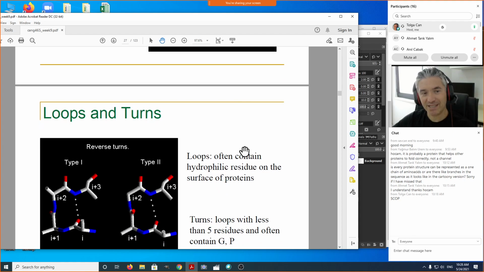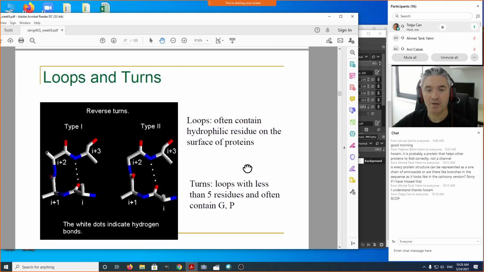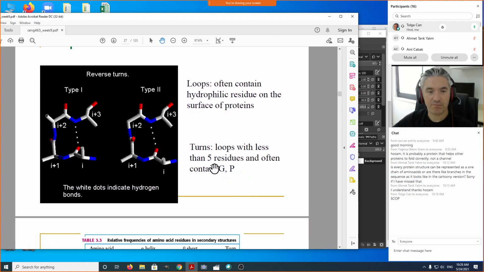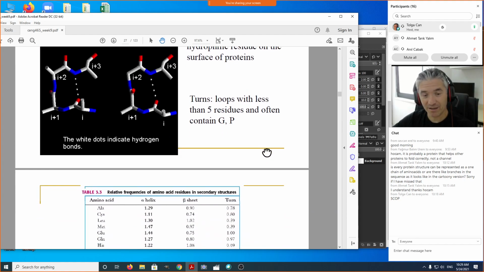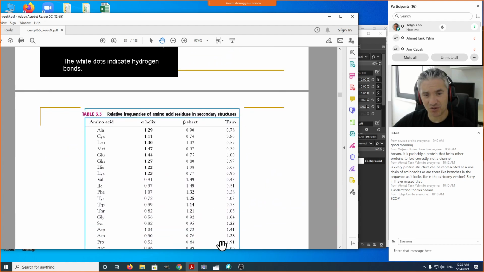The other connecting parts between alpha helices and beta strands are called loops, turns. Sometimes they're loops, turns, sometimes coils, but everything is classified into the other things. So we don't have a different loop. We just name all of them turn here.